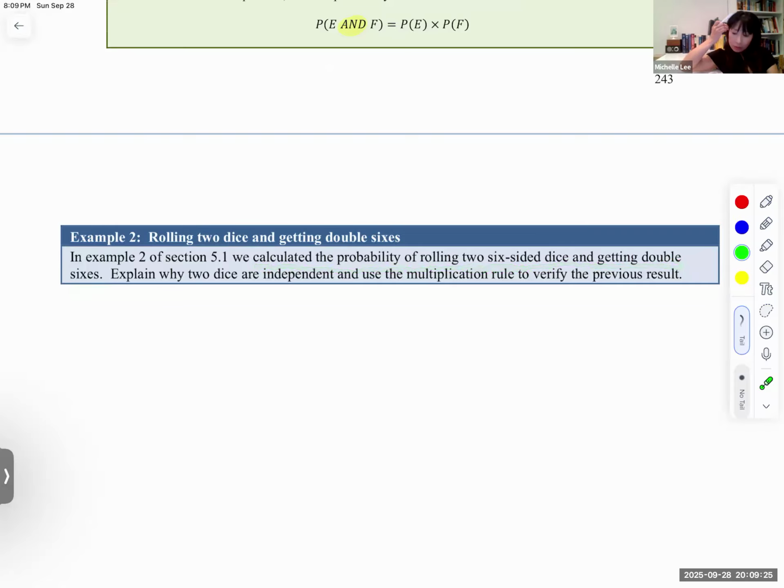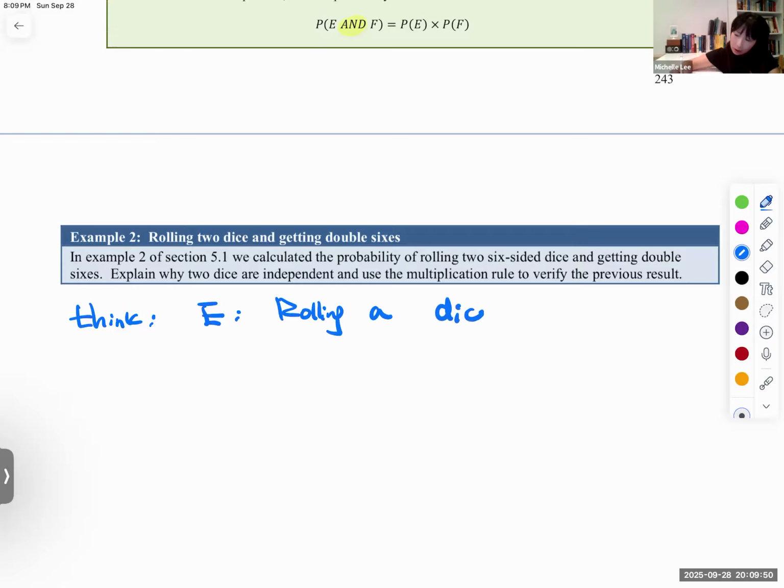Okay, so what if we say that event E is rolling a die, and then event F is rolling another one, right? So basically two dice.